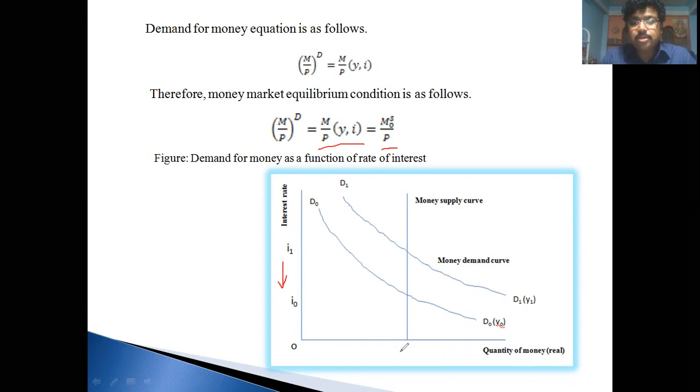This type of relationship is represented by the downward sloping D0 curve. This is nothing but the locus of all those points of I and demand for money. Now, if income increases from Y0 to Y1, then the money demand curve will shift up.